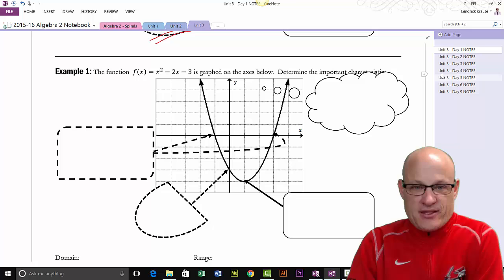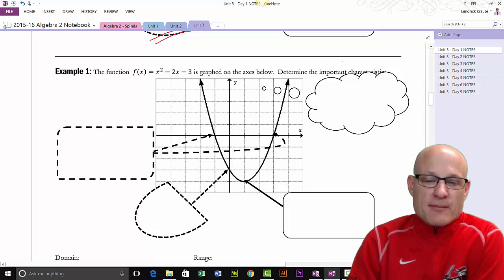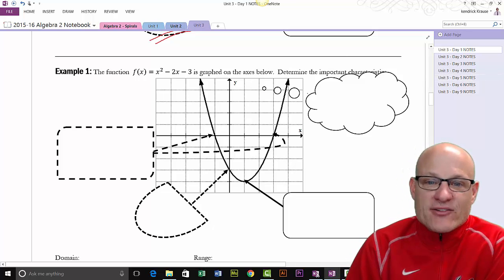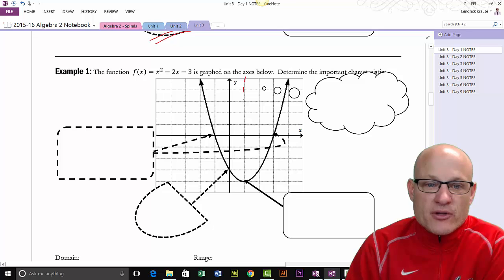Now, before I do anything else, I'm going to find this missing axis of symmetry. So what I'm going to do, now I'm not going to use the official formula. Some of you probably remember the formula. I'll do that later. But because this is graphed for me, I really don't have to do that. Oh, by the way, the axis of symmetry is a vertical line.